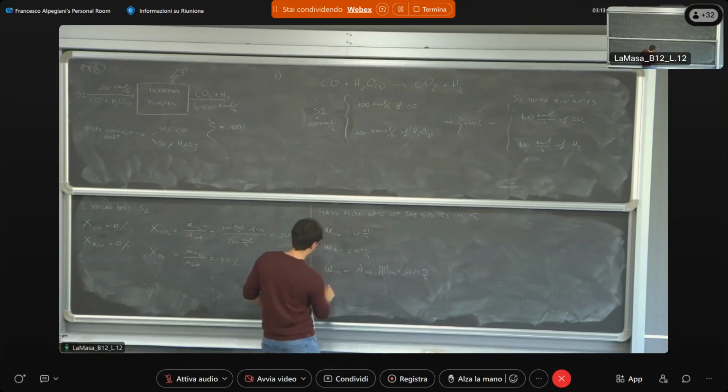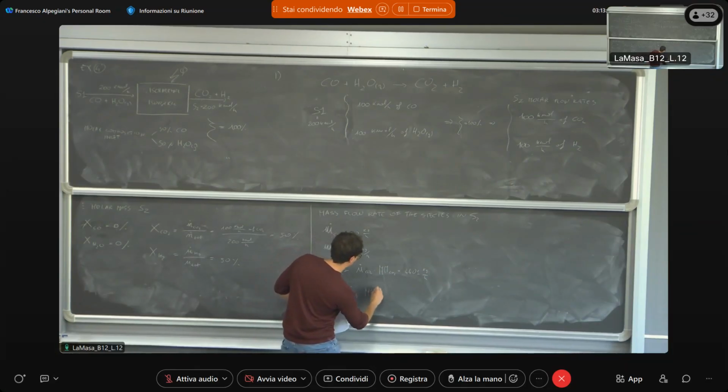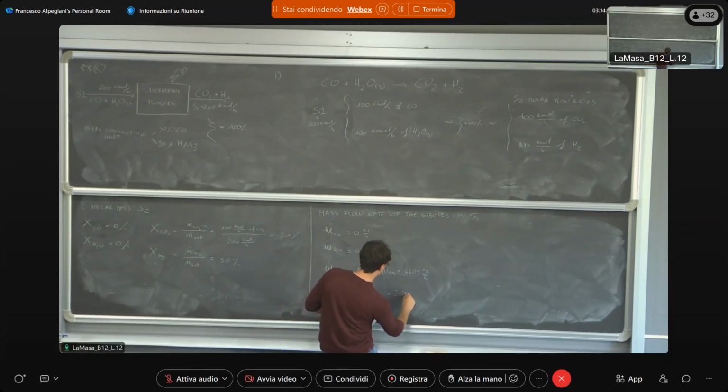And the same for what concerns the mass flow rate of hydrogen: it will be equal to N of hydrogen times M of the hydrogen, and this comes equal to 201.6 kg/h.